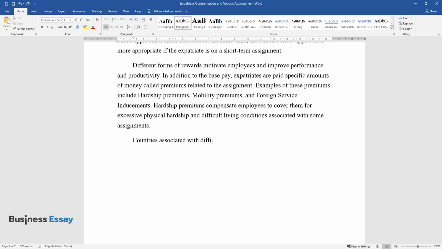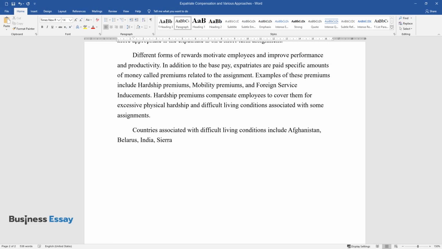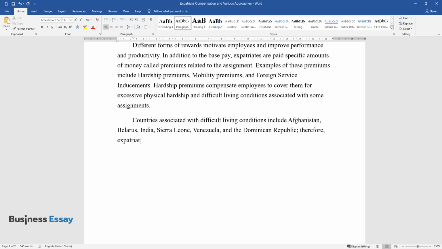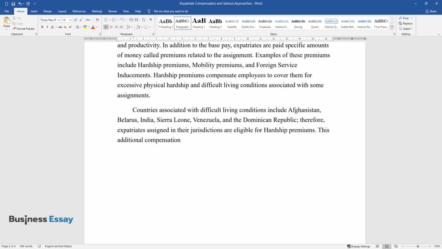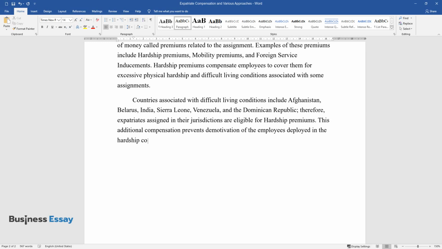Countries associated with difficult living conditions include Afghanistan, Belarus, India, Sierra Leone, Venezuela, and the Dominican Republic. Therefore, expatriates assigned in their jurisdictions are eligible for hardship premiums. This additional compensation prevents demotivation of the employees deployed in the hardship countries and makes it worth their while.